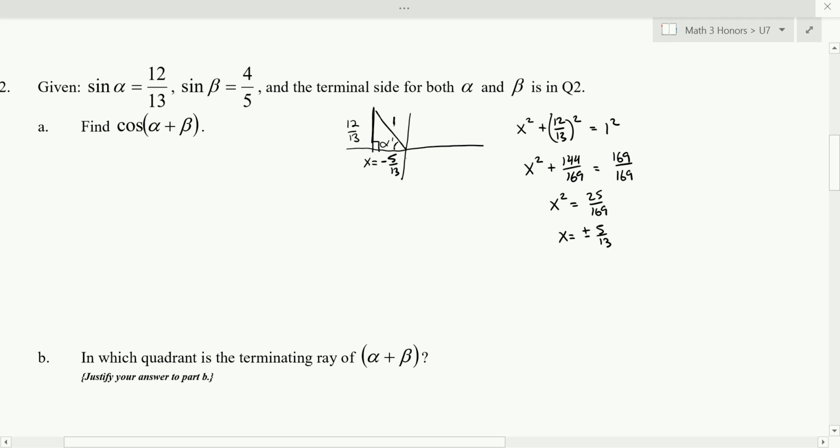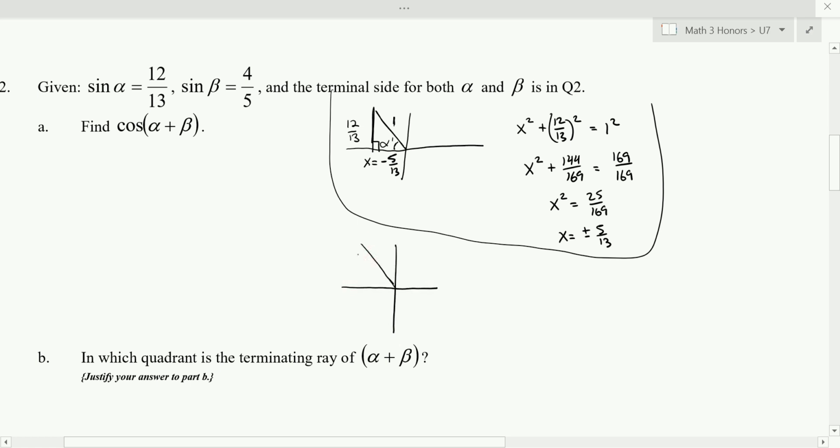Now we've got to do something similar with beta. It tells us that beta's terminal side is also in quadrant 2. Hypotenuse is 1, and the sine of beta is 4/5. And we can solve again for our x value, which is our cosine, using the Pythagorean theorem.